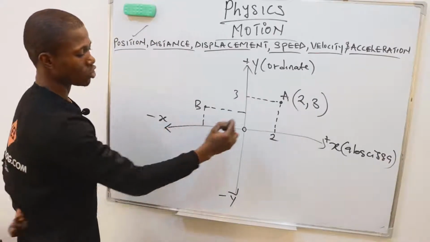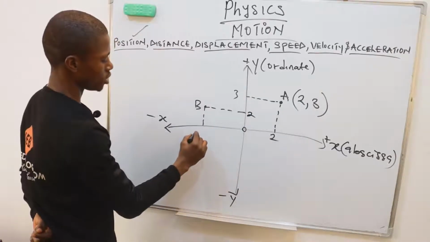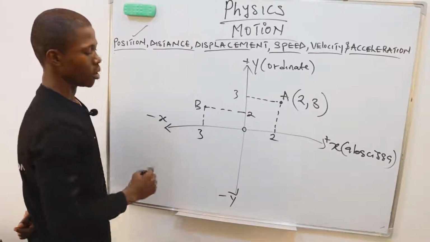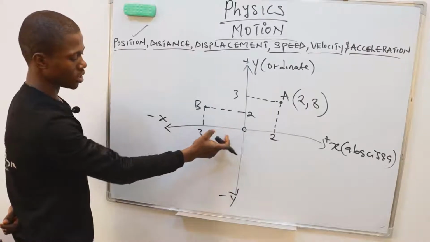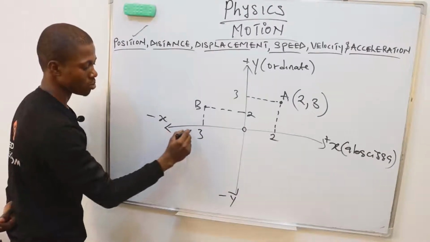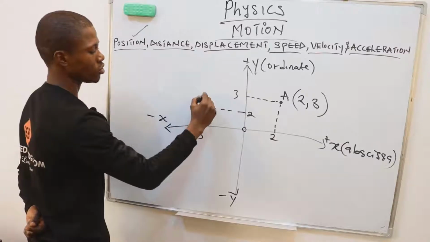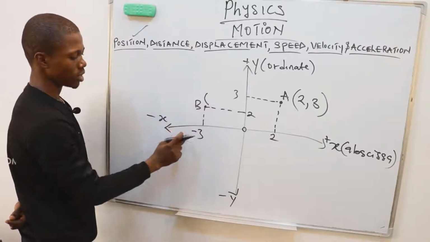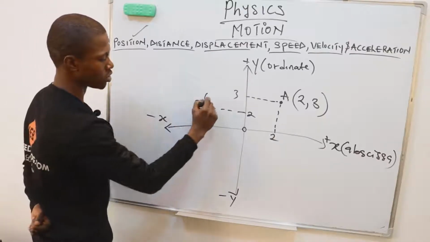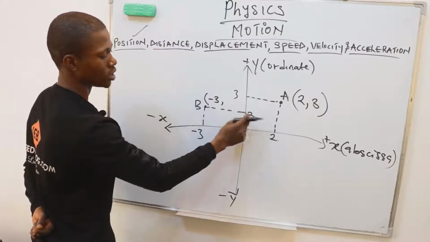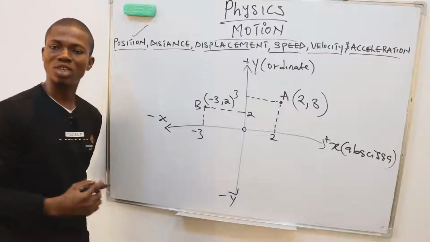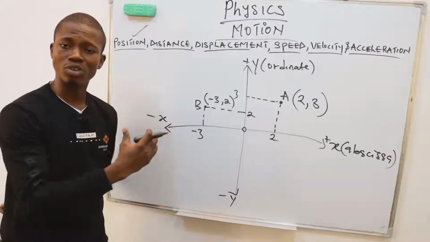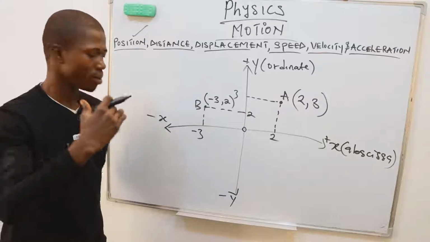So here, assuming here is 2 and here is 3. But if you check closely, here is negative x, so this has got to be minus 3. So the position of this point B is x first, which is minus 3, comma, then 2 second. This is how to get the position of points in different planes.